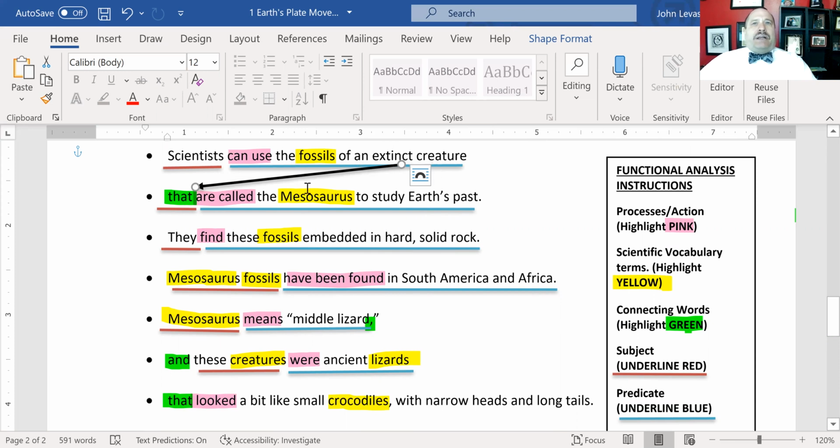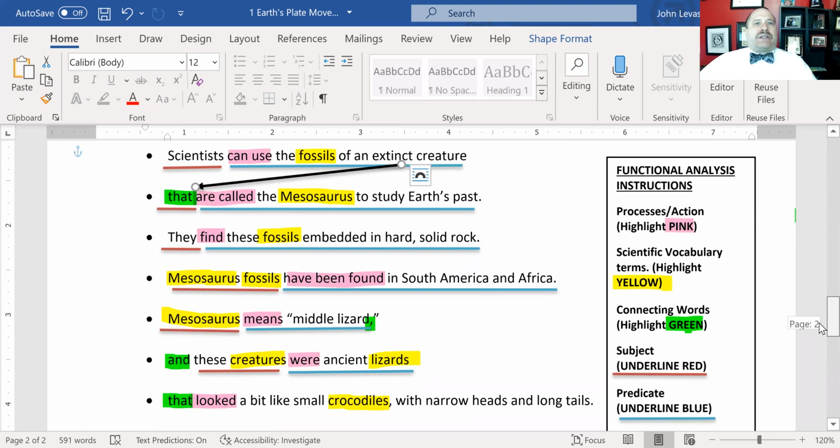And what does that mean? That means ancient creature. So we have the zig of the scientists can use fossils of an extinct creature, and the zag of that extinct creature, that idea being brought down to become the subject of the new sentence. That is the zigzag pattern.